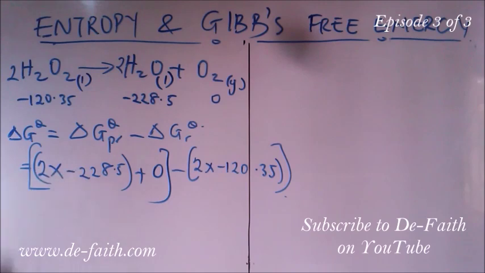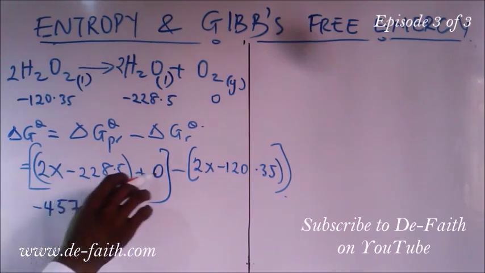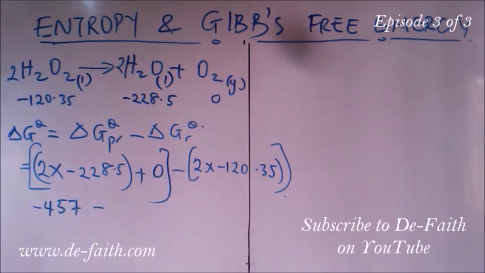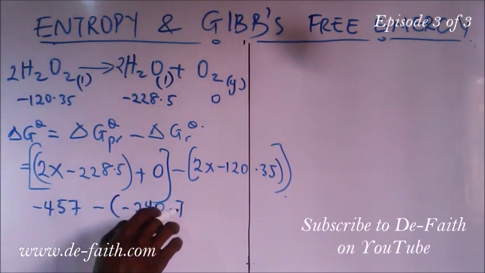Alright, so 2 multiplied by minus 228.5, and that gives minus 457. So we have minus 457 plus 0 is nothing. So we have minus 2 multiplied by minus 120.35, and that gives us minus 240.7.